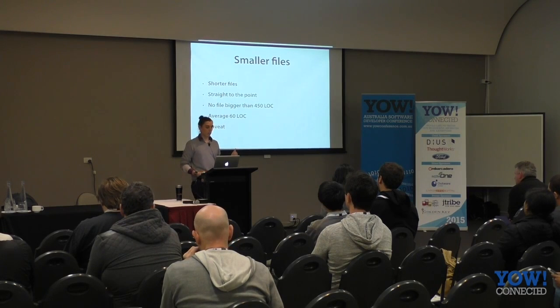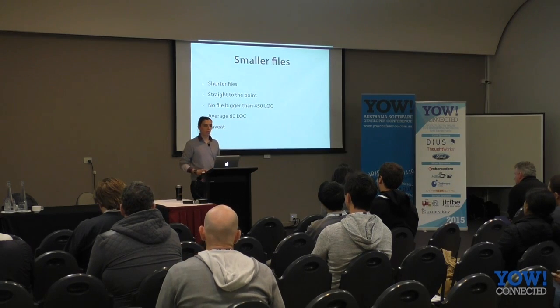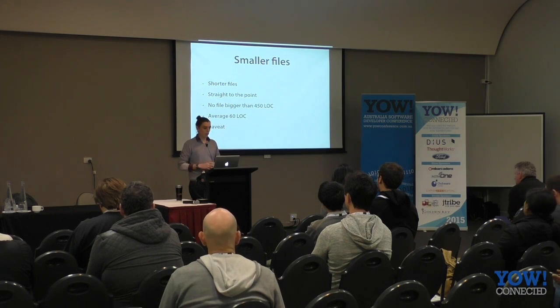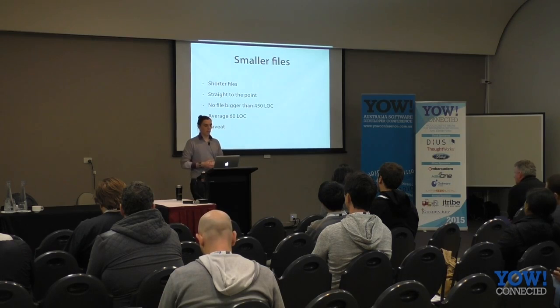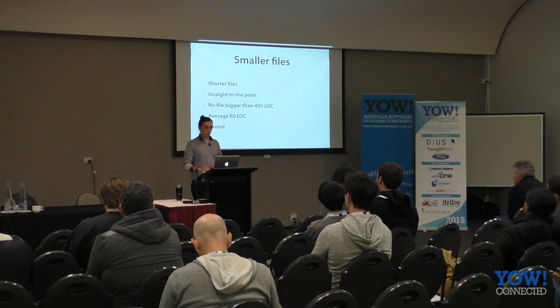After 8 months, not having a file bigger than 450 lines of code is, I think, a good achievement. On average, there were only about 3 files bigger than 400 lines. Most of them were under that. The average was 60 lines of code. There's a caveat to that. I'll touch on this later.